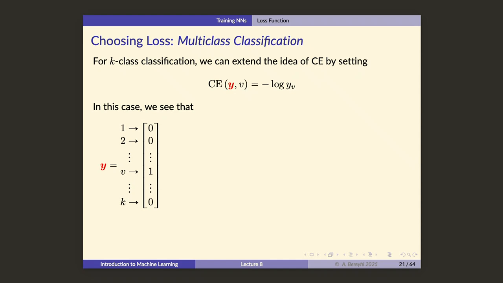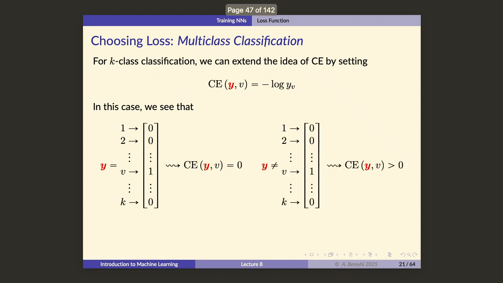Anywhere else, we want the probability to be 0. This means, in this case, the cross entropy is going to be 0. And if we have any other probability distribution, that cross entropy is going to be something more than 0, right?